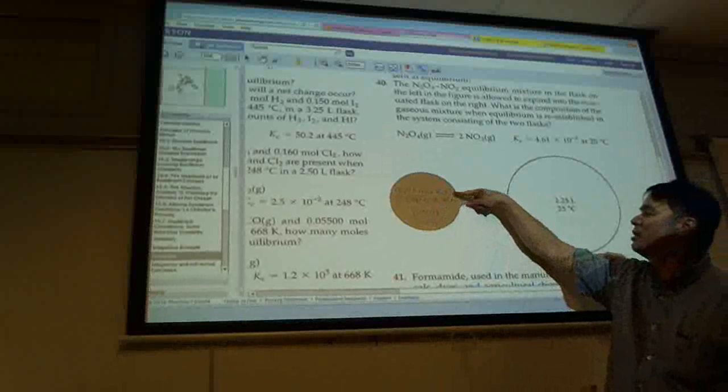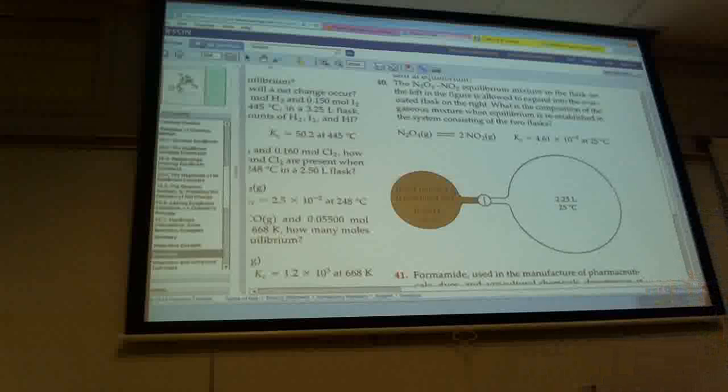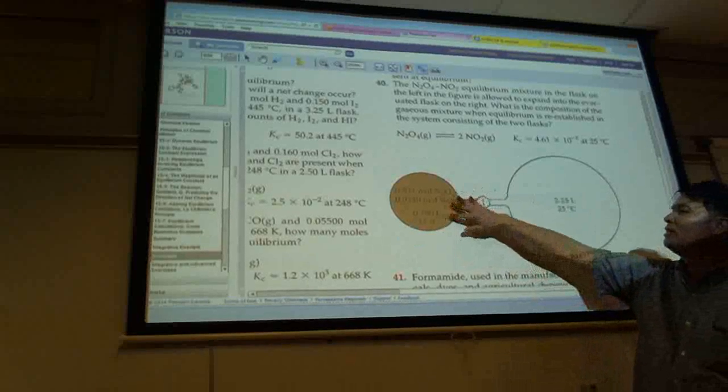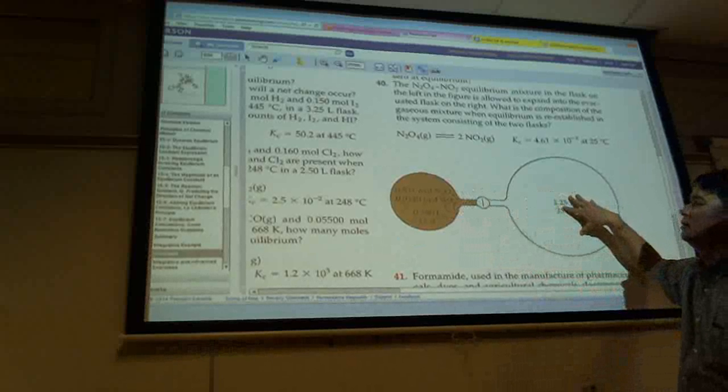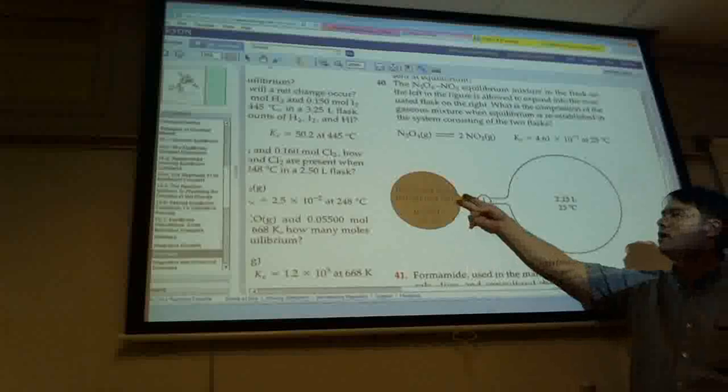So this is just the right amount of N2O4 and NO2 to maintain a state of dynamic equilibrium. And this mixture on the left is allowed to expand into the evacuated flask on the right. And so what we're going to do is we're going to open this valve and let this expand into the container. Is that going to upset the equilibrium or not?